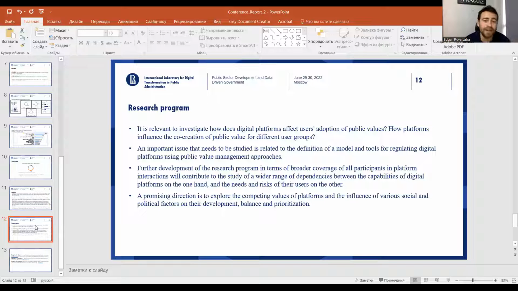This is my reflection, because we can say what Rasul said, that there is some lack in the use of platforms. Also, regulation by the government is pretty important in this issue.